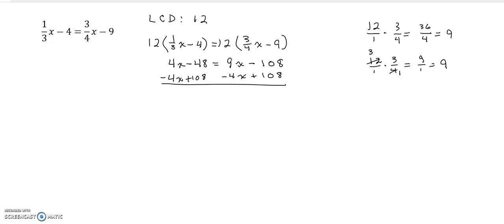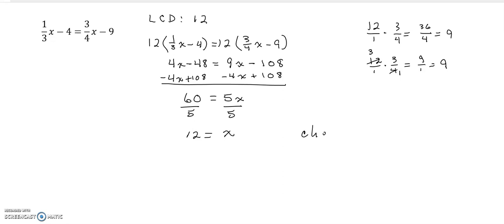And the resulting equation will be 60 equals 5x. Because the negative 48 and the 108 give us 60, 4x minus 4x gives us 0. And then again, using the division property of equality, I will divide by 5, and I see that x equals 12.